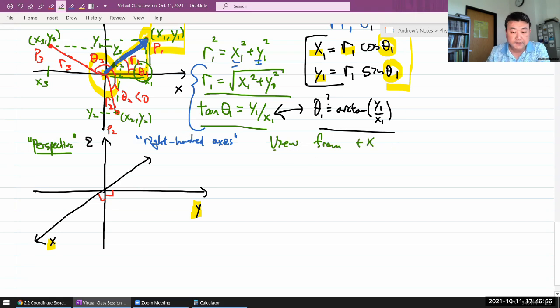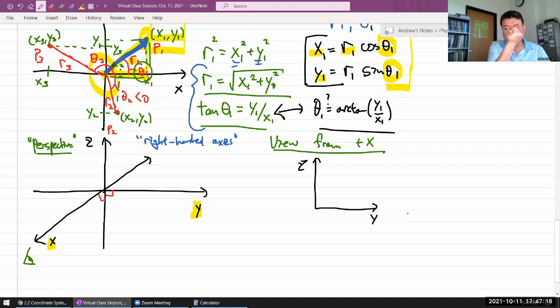Imagine an observer sitting right in the direction of the x-axis, looking down the x-axis. For that observer, my y-axis will point to the right, my z-axis will point directly up, and my x-axis is going to point towards me, into the camera.